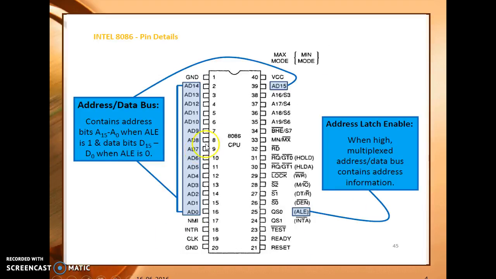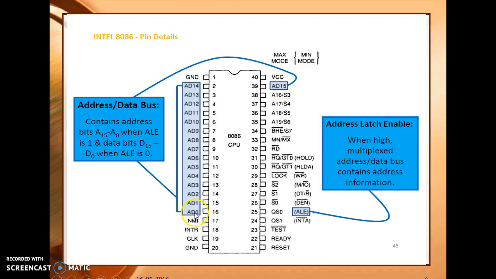Next, we are going to discuss the multiplexed pins, that is, address as well as data pins. The 8086 consists of 20-bit address lines and 16-bit data lines. In order to reduce the number of pins, we go for multiplexing, so that address as well as data lines are multiplexed. That is AD0 to AD15.